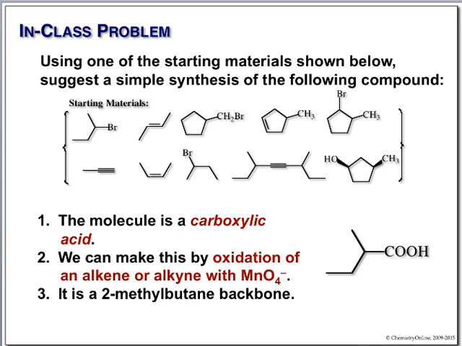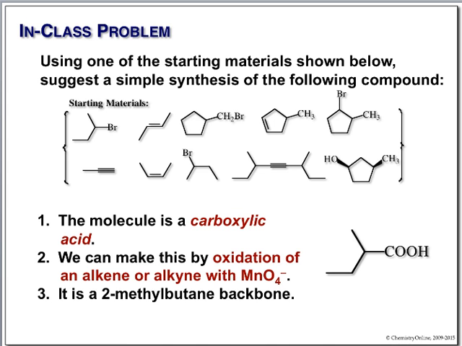The 4-carbon unit is actually 2-methylbutane. So let's look up top and see if we can find an alkene or an alkyne that has this 4-carbon backbone. Well, clearly, these guys aren't going to give it to us, are they?